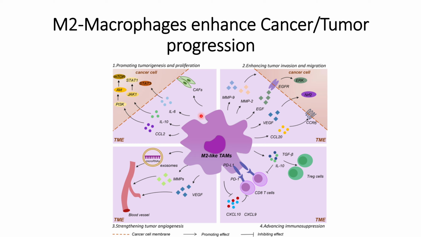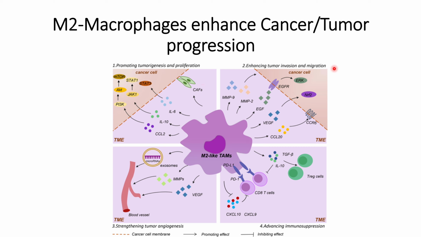At the same time, they will also help the cancer associated fibroblasts towards ECM degradation, so that the tumor cells will face less resistance for their increased population. So this is about promoting tumorigenesis and proliferation.